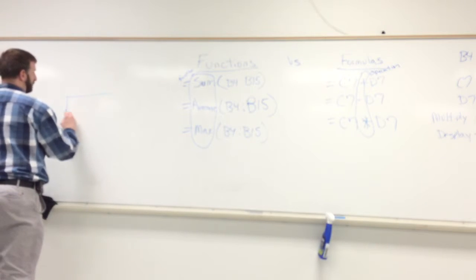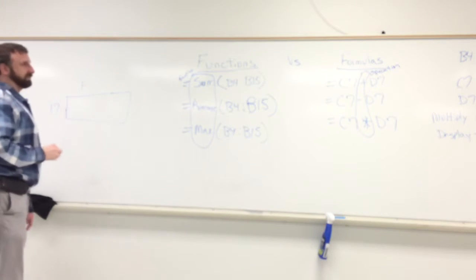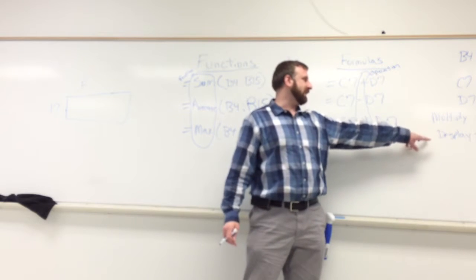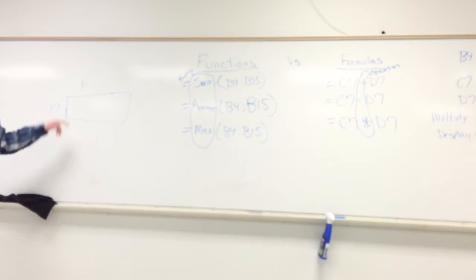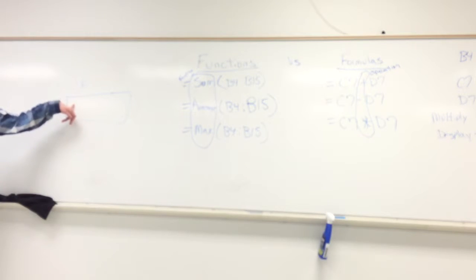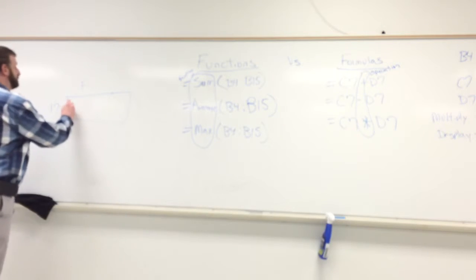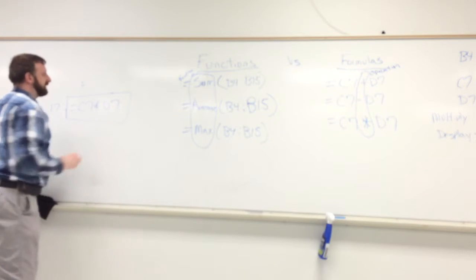Let's just say this is cell F17. You have a question like this that says multiply C7 and D7, display the result in F17. So we would come over here in F17 and what would we put in there? We're multiplying, we're just using our formula, so what would we do there? It would just be like this, times D7, okay?